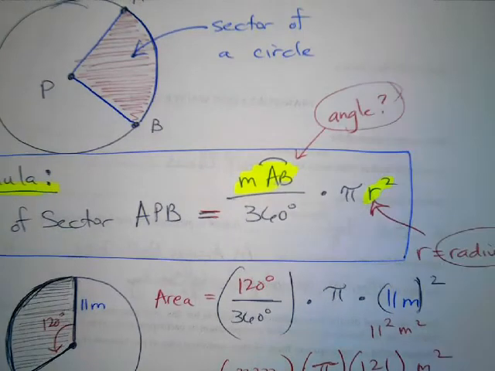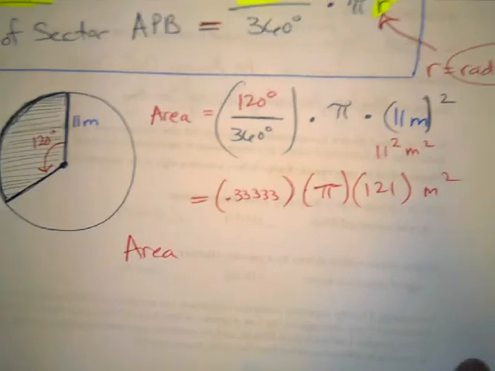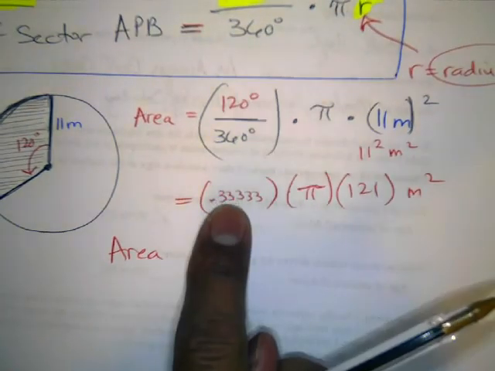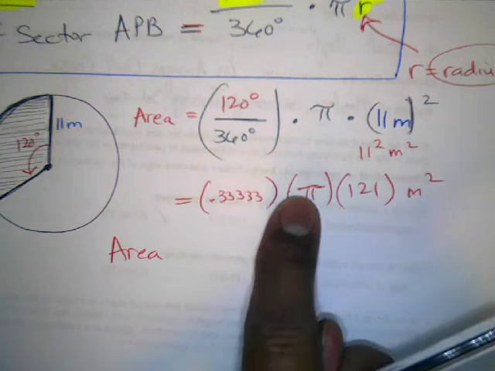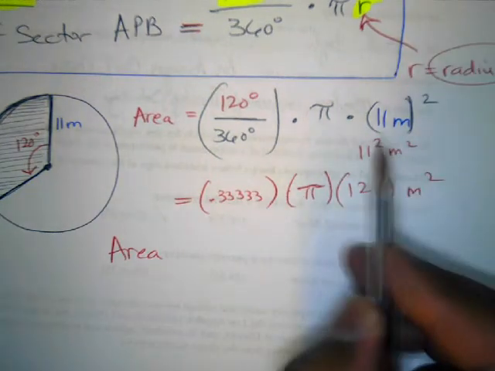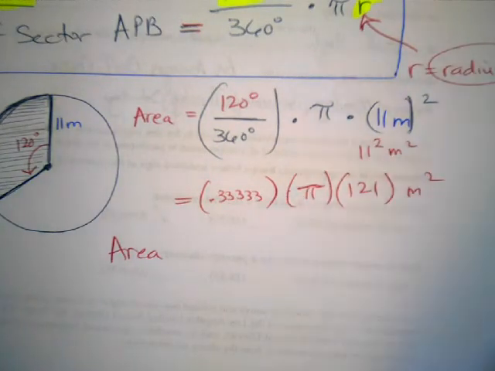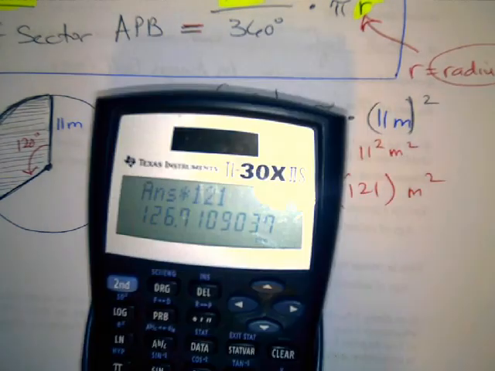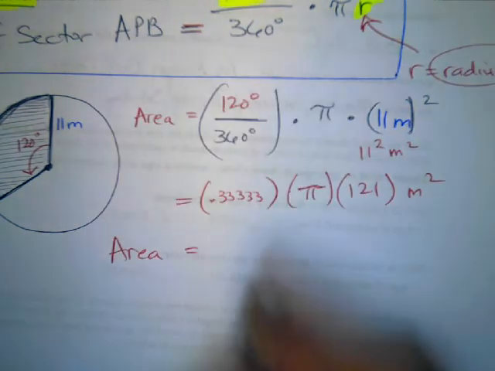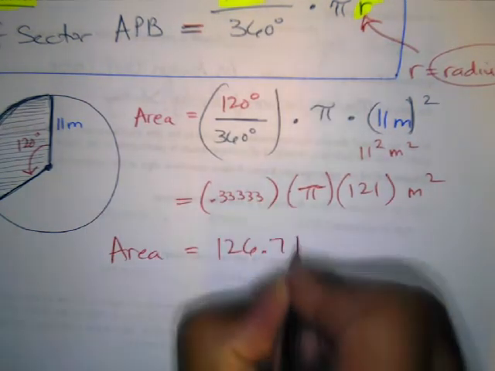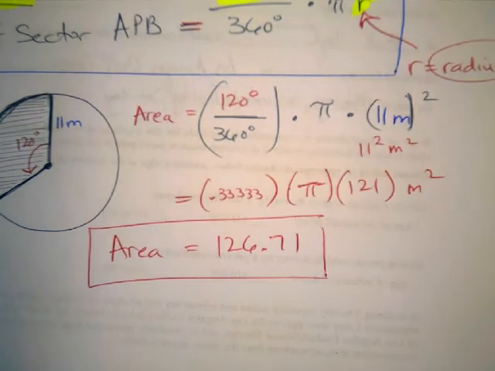That's the area. Just multiply all of this. This number you're going to get here times pi times, well, make sure you get that radius and you square it. We got 126.71.